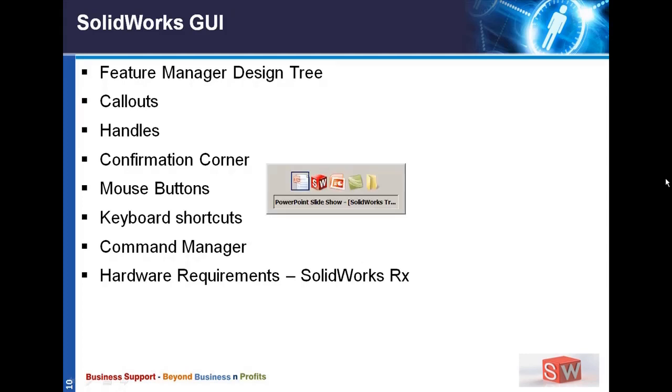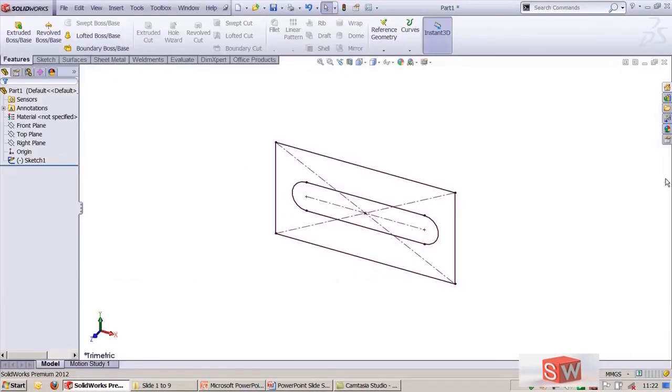Now let us jump into the SolidWorks application. This is the graphical user interface of SolidWorks. Here, the first thing I was saying about SolidWorks is exactly similar to the Microsoft Office products.